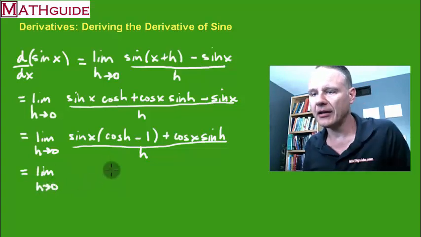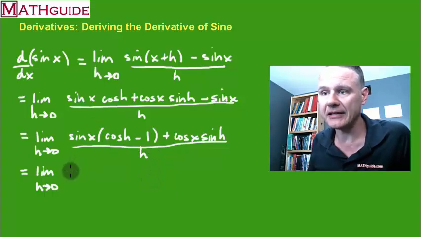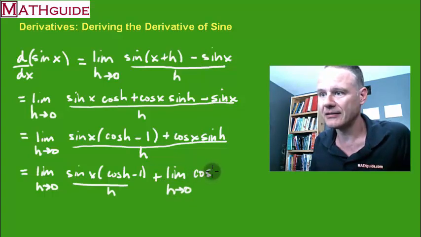I keep rewriting that limit as h approaches 0. Now, really what's happening here is I'm taking the limit of this sine of x times cosine of h minus 1 all over h, and I'm also taking the limit of this as h approaches 0. Yikes, different size fonts. Doing it by hand, huh? That's the fun of it all.